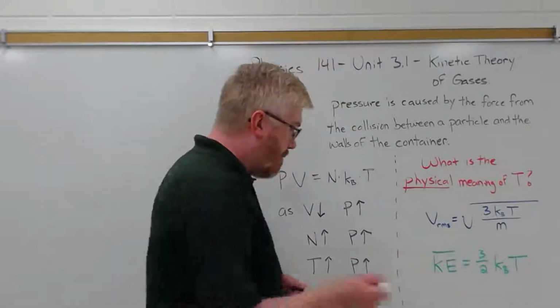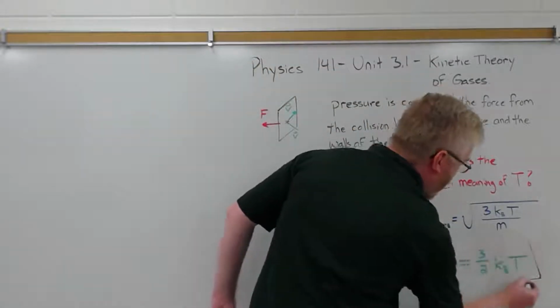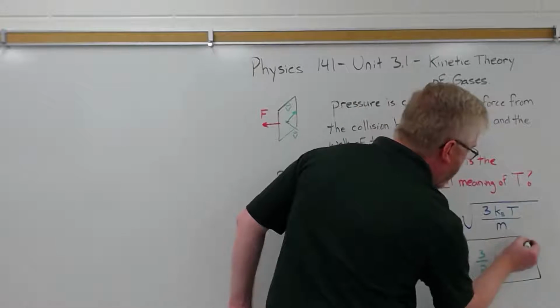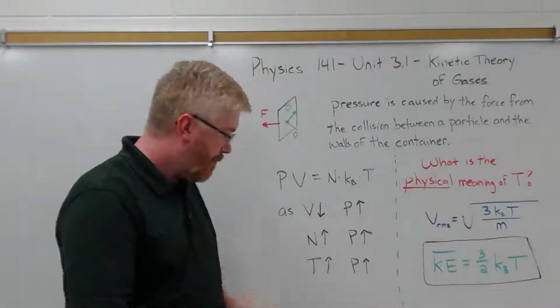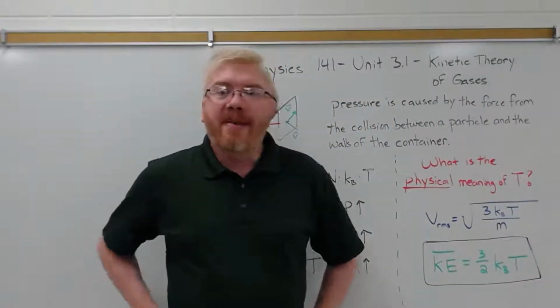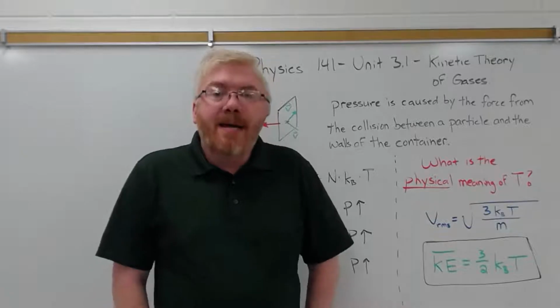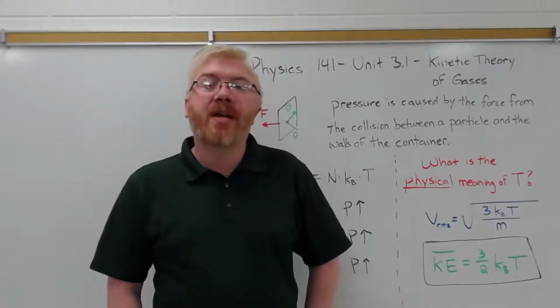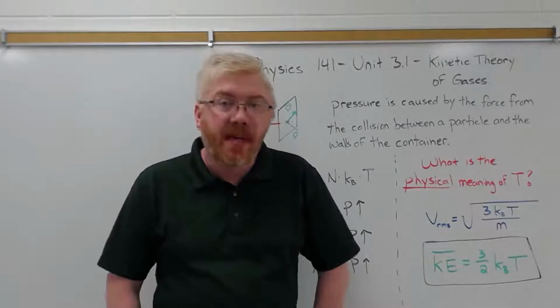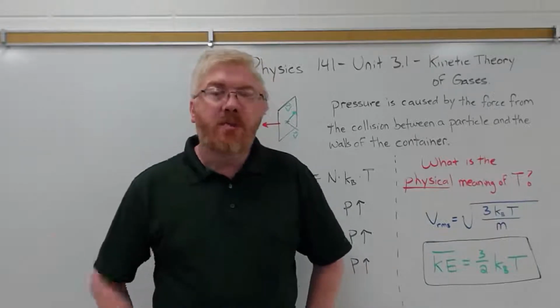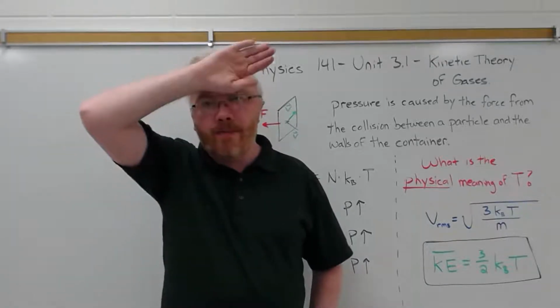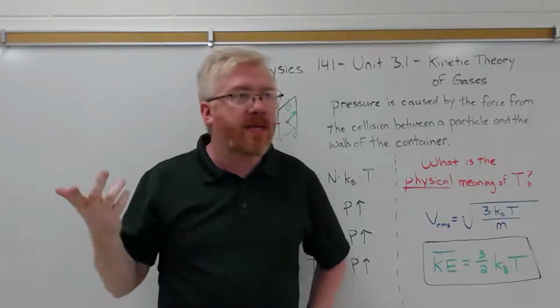This is a pretty awesome equation as a result of this kinetic theory of gases. What this states is that temperature is just the measure of the average kinetic energy of the molecules in an object.